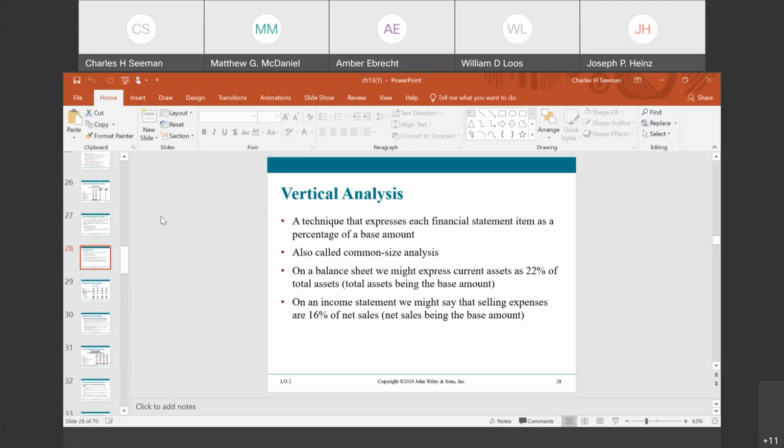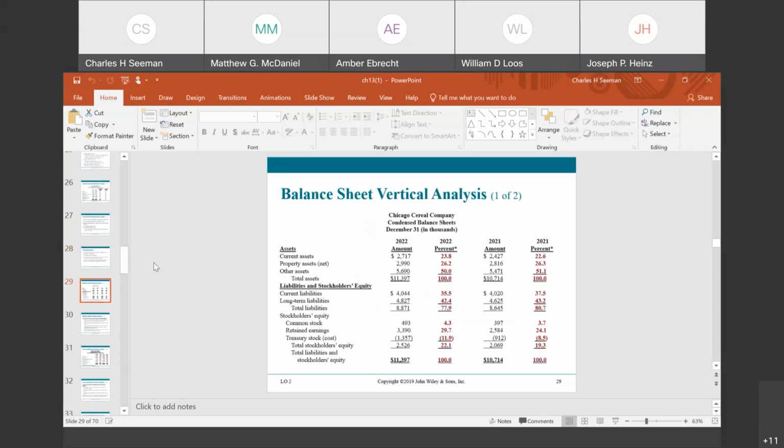Common size analysis simply means that if you're trying to compare two different companies, you want to make them the same size as a percentage. So vertical analysis just means you're going down. It's very similar to horizontal analysis, in which you're going across.